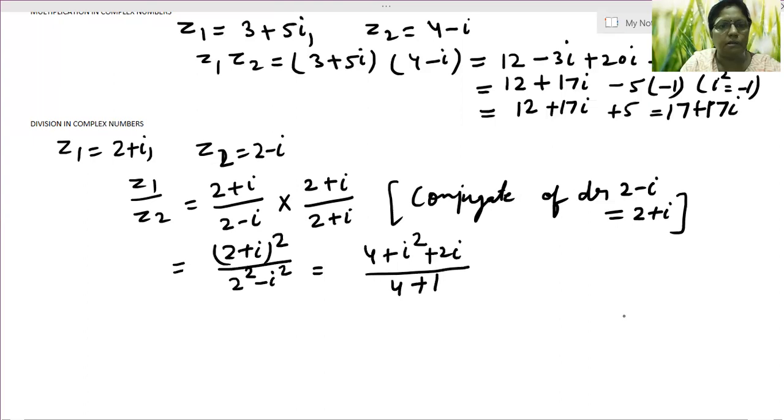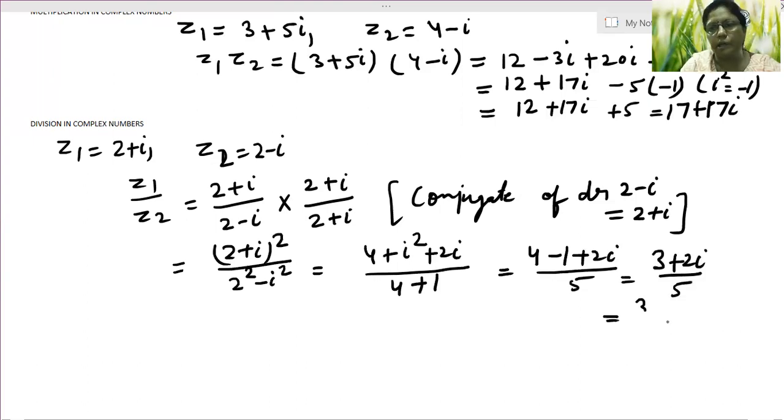So this is 3 plus 2i upon 5. So we can write it in the standard form a plus ib, 3 upon 5 plus i 2 upon 5. So what is the real part of this? 3 upon 5 and imaginary part of this is 2 upon 5.